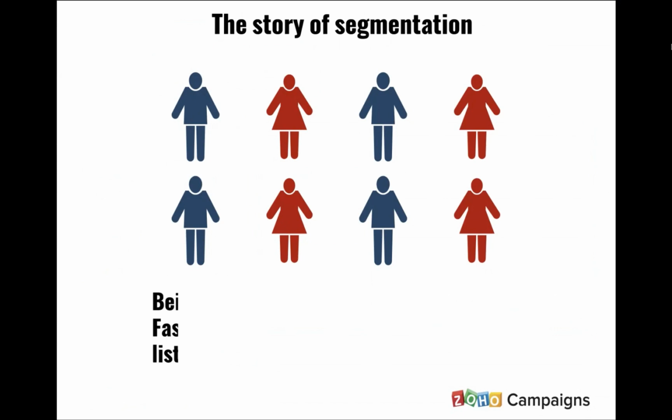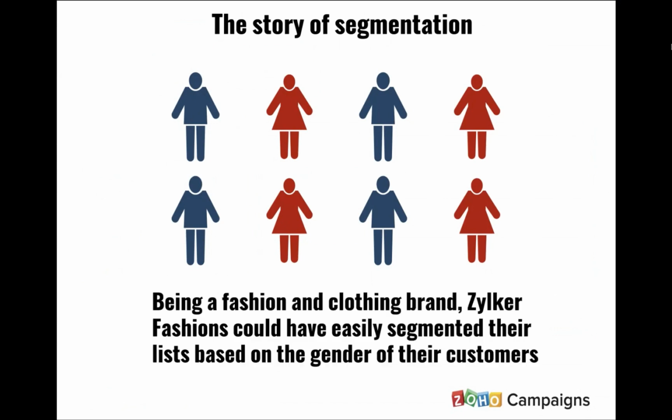Since Zilker Fashions is a clothing company, they could have segmented their lists in accordance with the gender of their email subscribers, and sent information regarding the women's clothing line to the female subscribers, and updates regarding some new launch in men's apparel to the male subscribers.